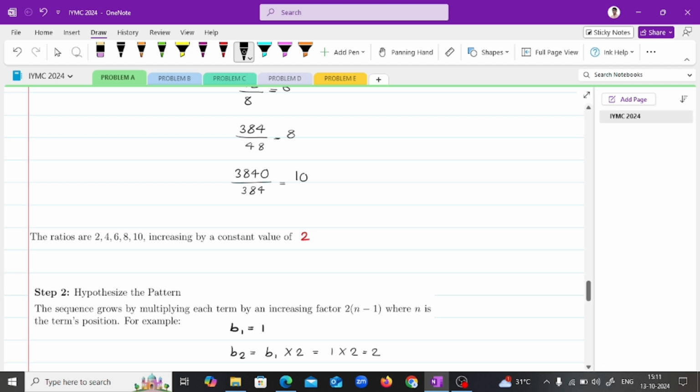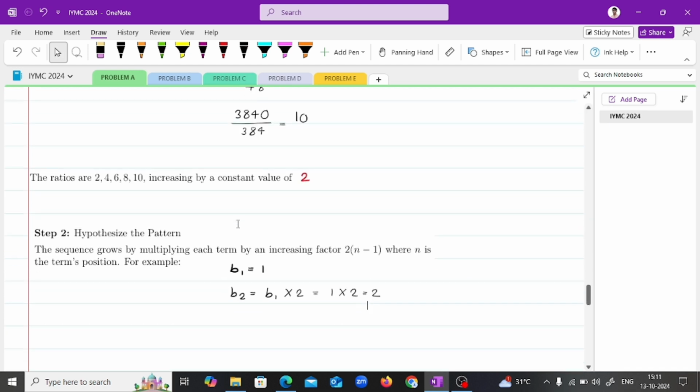Now we can calculate b3 by using b2. So b3 is equal to b2 into 4, that is 2 into 4 is equal to 8.